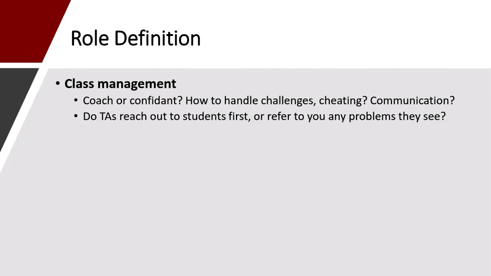But do you want your TAs to also encourage their students to come to them if they're having problems? So I say confidant, but I mean more that the TAs need to make sure their students know that they can trust them, of course, and let them know if they're struggling.